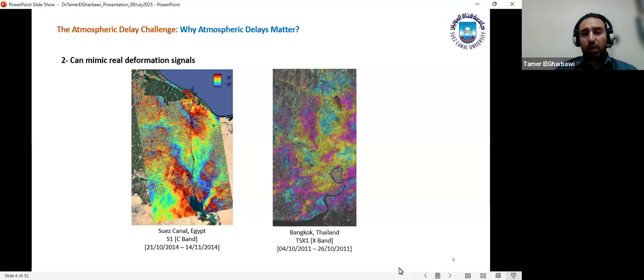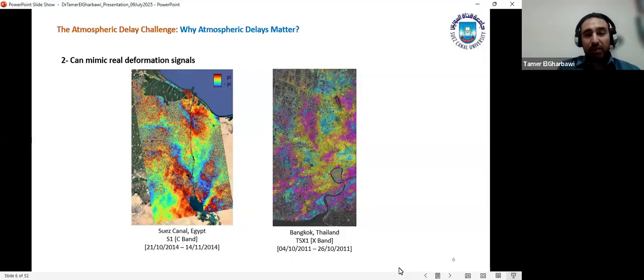For TerraSAR-X, the X-band, this is the interferogram for Bangkok, Thailand. We can see that there are a lot of fringes here, and this is actually highlighted by the short wavelengths of the X-band, because when we have a delay, it is wrapped based on the wavelength of the signal.